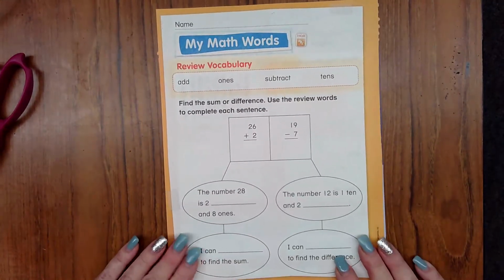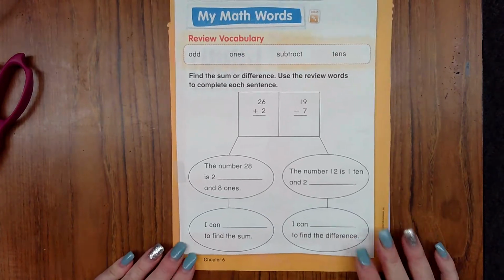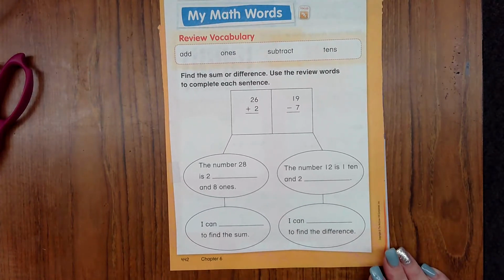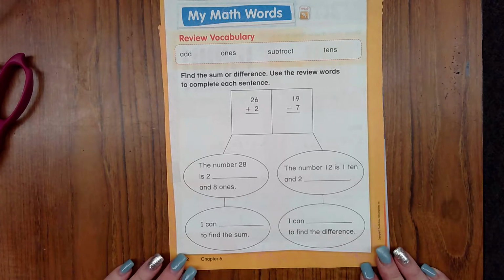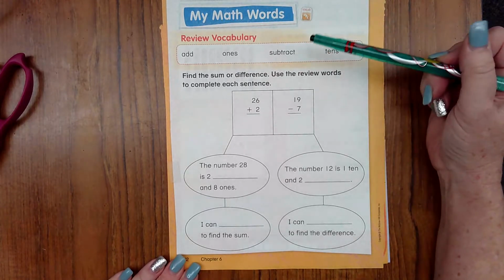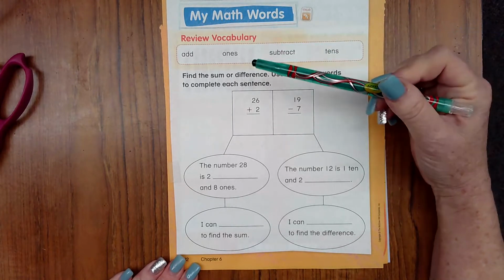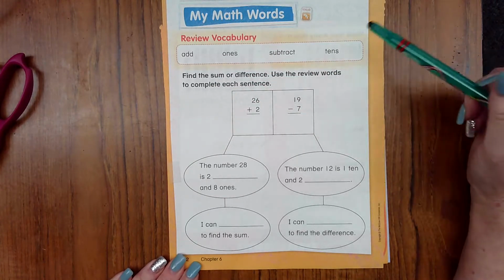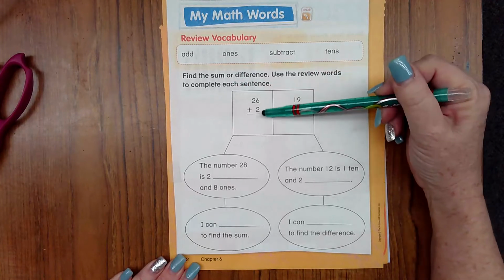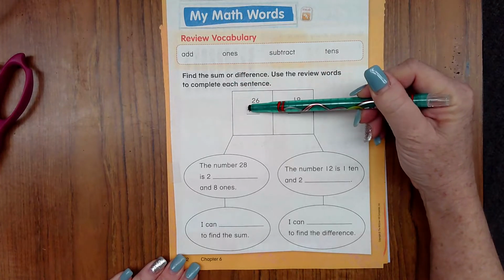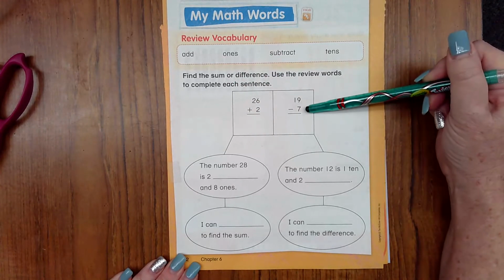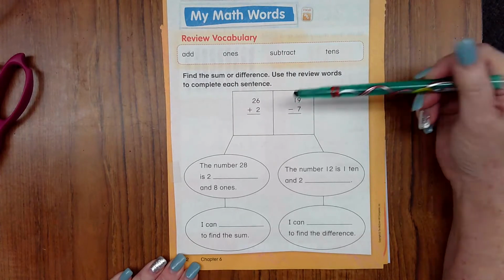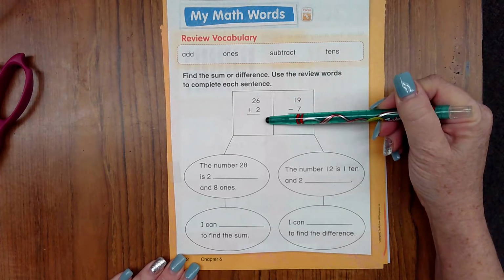All right. Go to the back side. So these are our vocabulary words. These are the words you need to know for this chapter. Okay? So it says find the sum or difference and use the review words to complete each sentence. So they want us to find the sum for this one because it's adding and the difference for this one because it's subtracting. Remember, the answer to an addition problem is the sum.